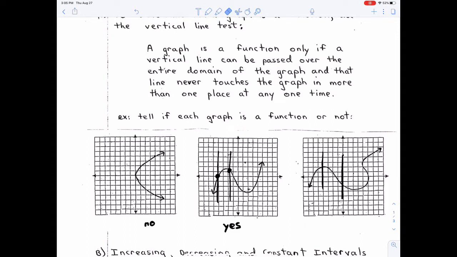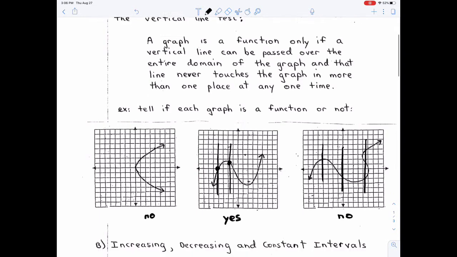As a matter of fact, there are a couple of spots, but right here, you can touch it 3 times. Something's only a function if every single x value gives exactly one y value. And that's not true here. Some of them do give one y value, some of them don't. So this would not be a function. Okay. If you have any questions on that, ask me. That's not the hard part.